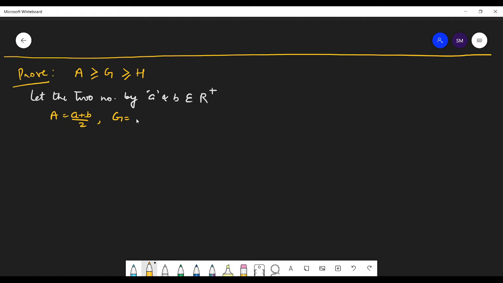Plus minus under root AB. First of all, do their product, and there are two numbers whose product you are doing, so you can write it this way or this way. That's your choice. Now, what is harmonic mean? 2 upon 1 by A plus 1 by B. Very good.